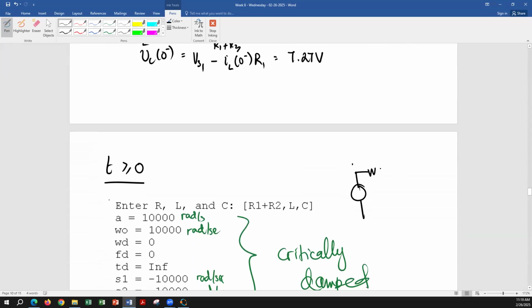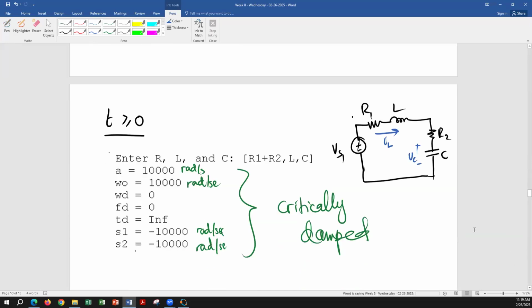VS1, R1, L, R2, and C. IL and C. Okay, so critically damped circuit.